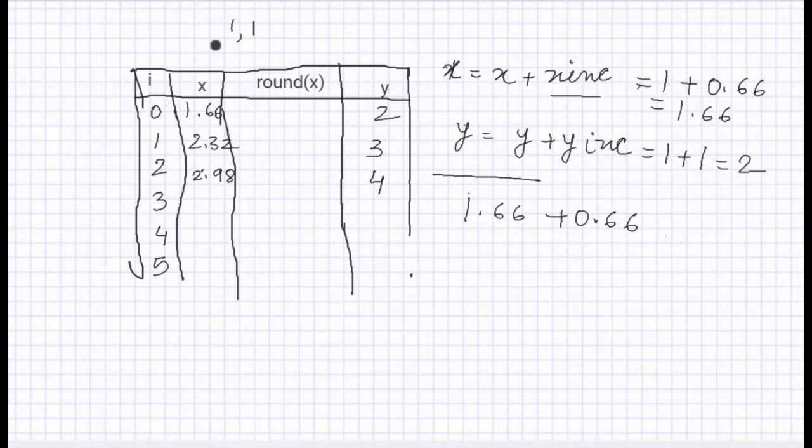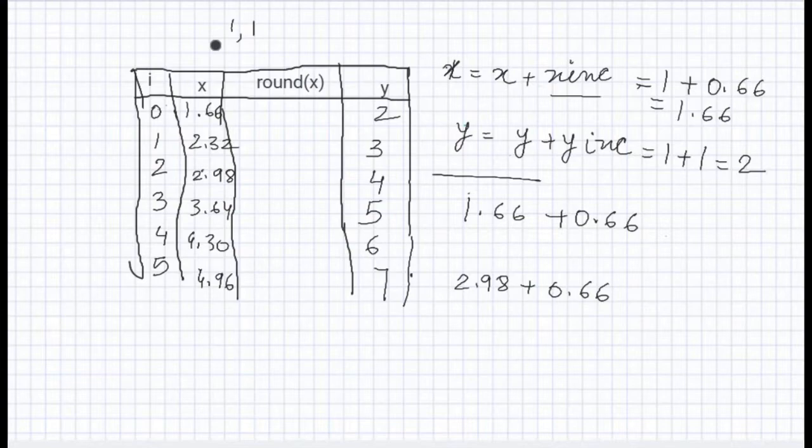In the next iteration we are going to add 2.98 and 0.66. This will give us 3.64 and y will become 5. In the next step 4.30 and y will become 6, and in the last step 4.96 and y will become 7.